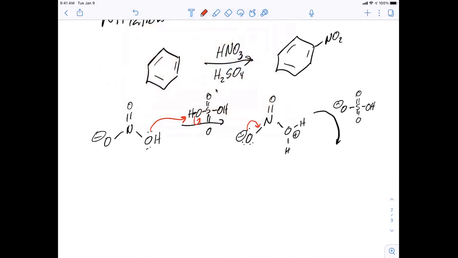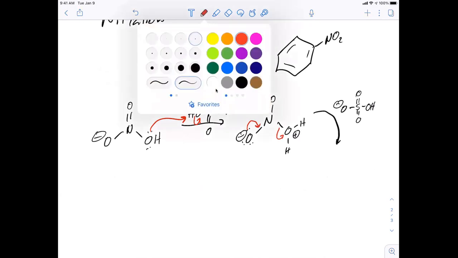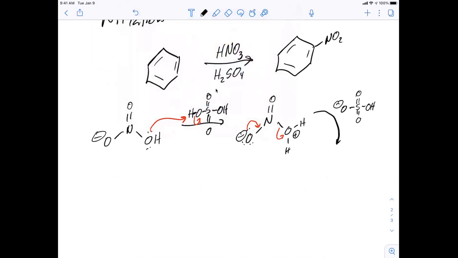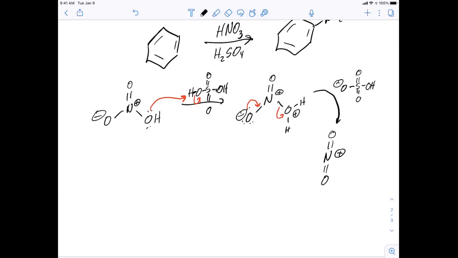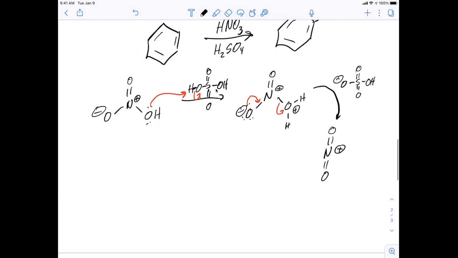So a lone pair comes in, takes off the water. And that will give us the NO2 plus. And actually that should have been a plus there, and that should have been a plus there. So the nitrogen should have had a plus all the way through. Here we lose the water. So then that becomes our electrophilic group.